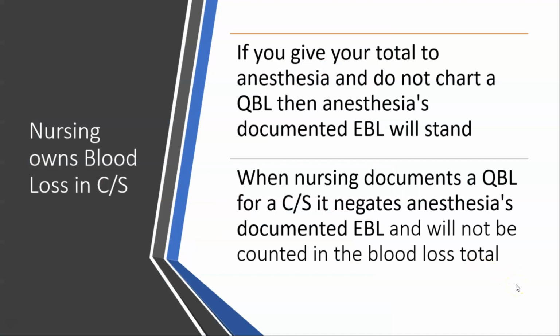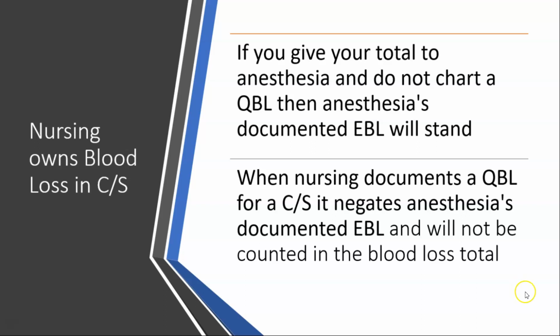So, nursing owns blood loss in C-sections. If you give your total to anesthesia and you don't chart a QBL, then anesthesia's documented EBL will stand and will go in the blood loss totals. But once you document a QBL for a C-section, it negates anesthesia's documented EBL and will not go towards the blood loss total.